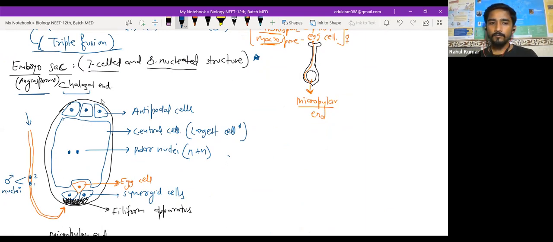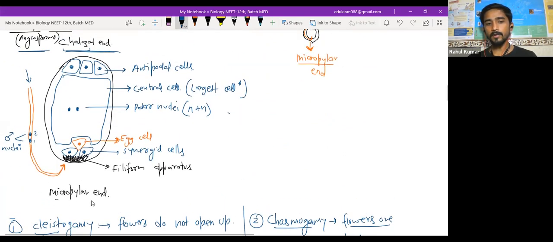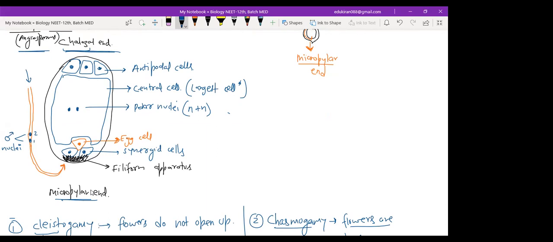The end from where it does not enter is called the chalazal end of the embryo sac. And the end from where it enters is called the micropylar end. Remember, just an hour ago I told you about the hilum. It's a pore present on the micropylar end of the seed. So this is that micropylar end.